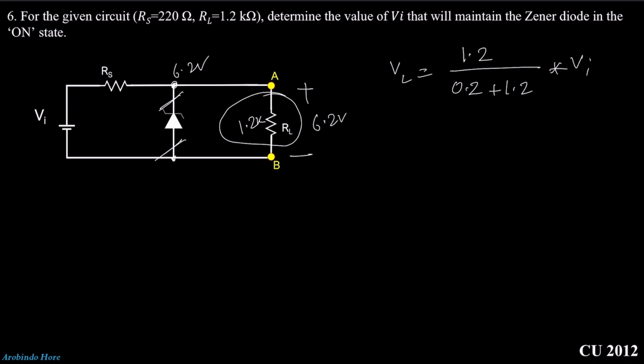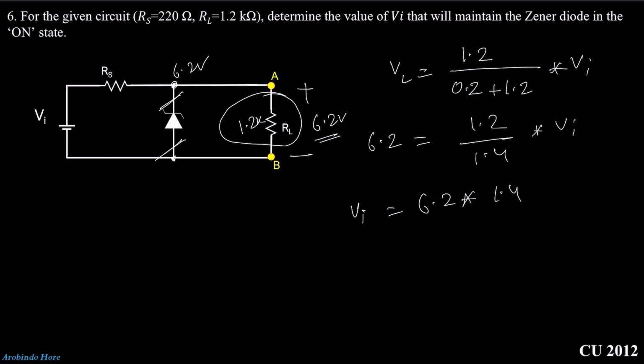When the Zener is turned on, the voltage will be 6.2, right? So 6.2 will be equal to 1.2 divided by 1.4 into Vi. So Vi will be 6.2 multiplied by 1.4 divided by 1.2, which is equal to 7.46 volt. Okay, this is approach 1, or method 1.